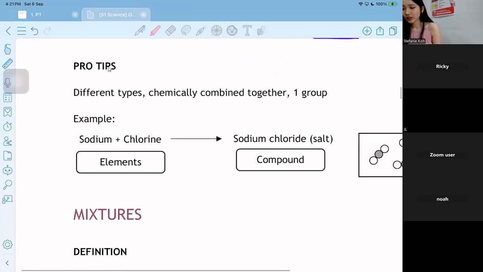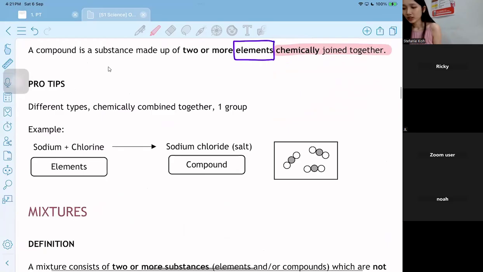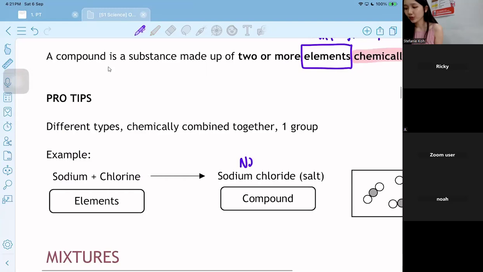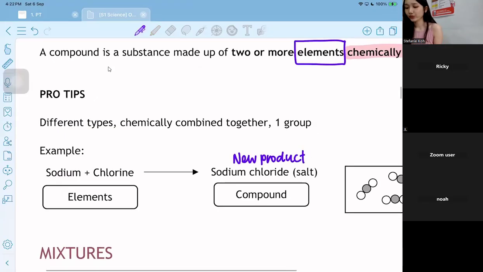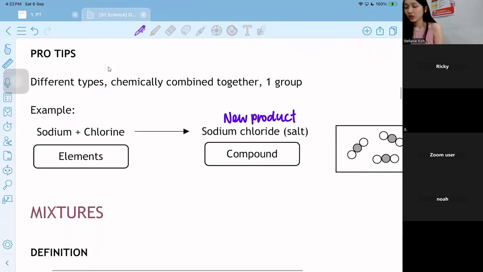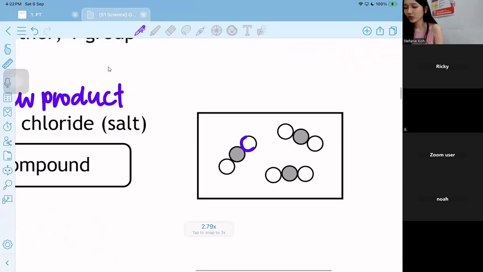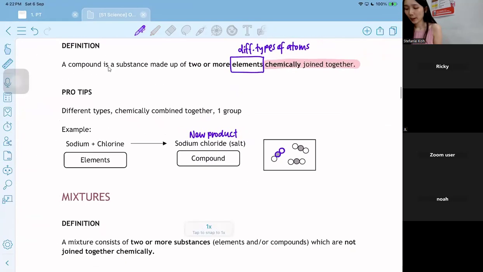For example, if you look here, you have sodium and chlorine. When they join together, they make a new product from the chemical reaction. Okay, it's totally new. So if you look at the diagram, you will see at least two different types joined together. That makes it a compound.